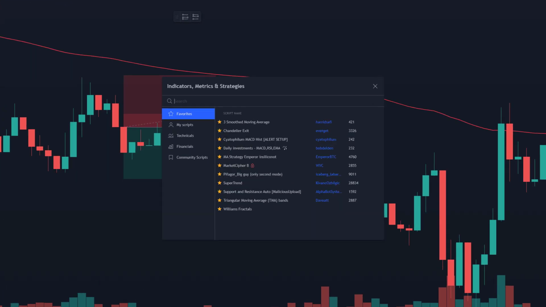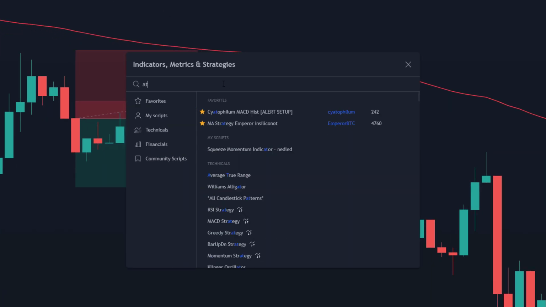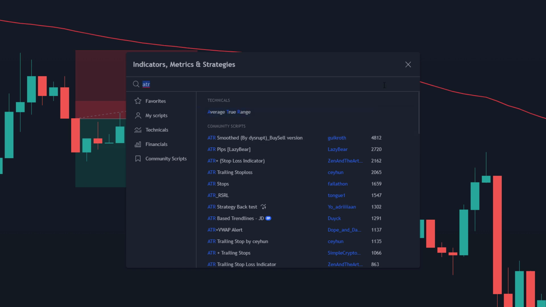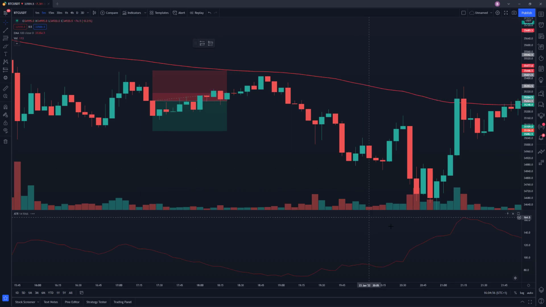And now we are gonna add the ATR. Especially because we are trading Bitcoin now, there's a lot of volatility in it. So it's pretty good to use the ATR because the ATR is calculated on that.